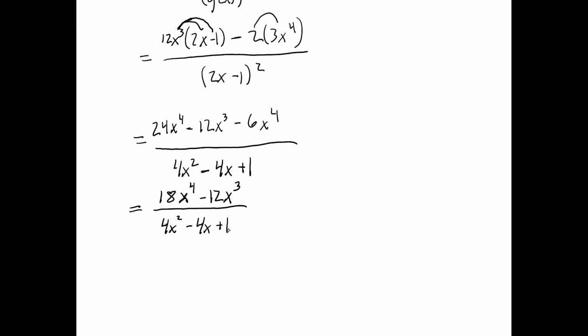Now, there's absolutely no reason to get to this point and go crazy factoring, simplifying, doing things like that. In fact, what I would actually recommend doing is leaving the denominator squared.